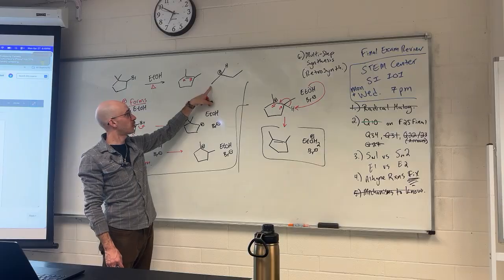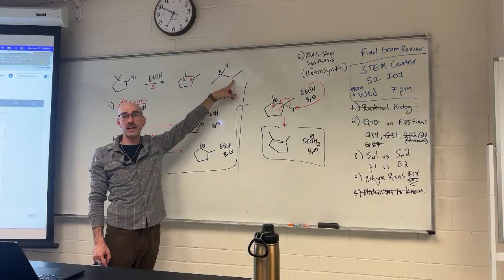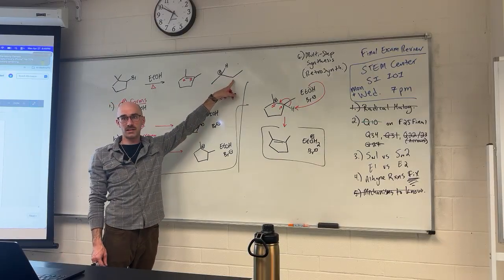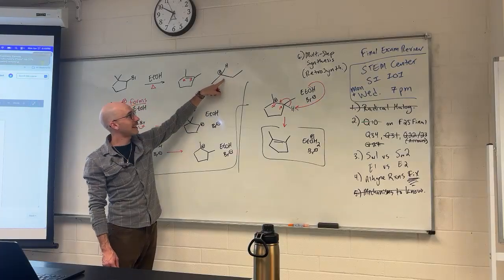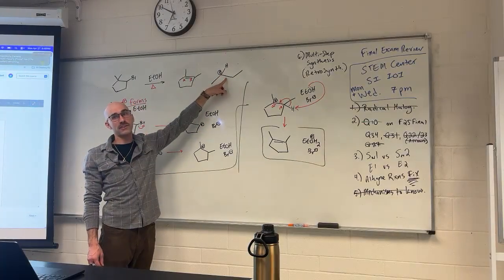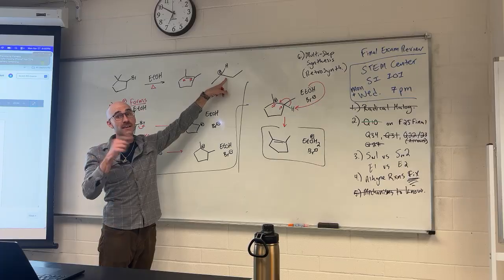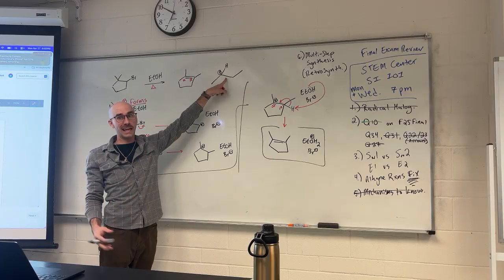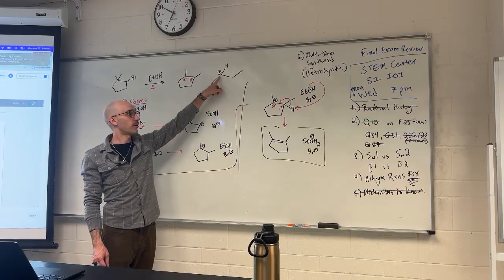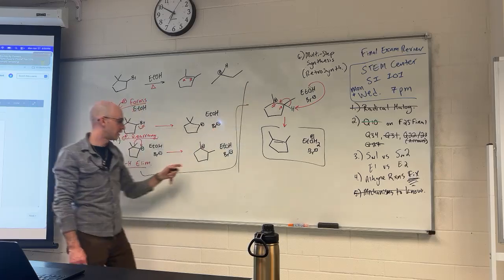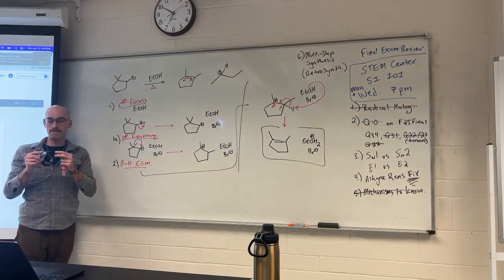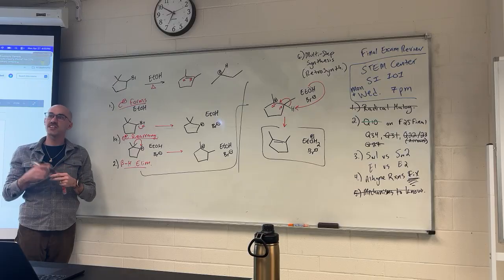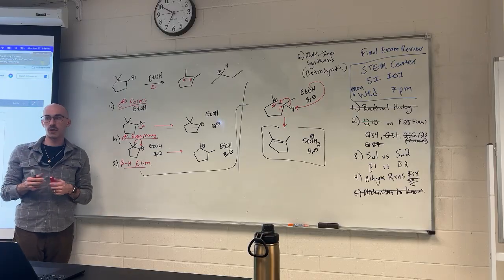This carbon has a full octet, that carbon has a full octet. How would I form a pi bond? In fact, I want to form a pi bond with that carbon by getting the electrons from an adjacent carbon. So even if the carbocation carbon has a hydrogen, the carbocation is alpha, look for a beta hydrogen. And the carbocation is always alpha. That's a good way to think of it.